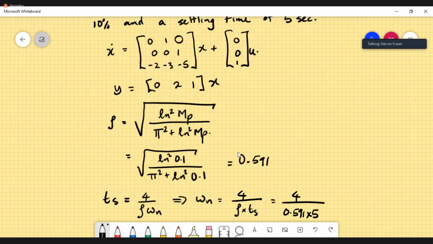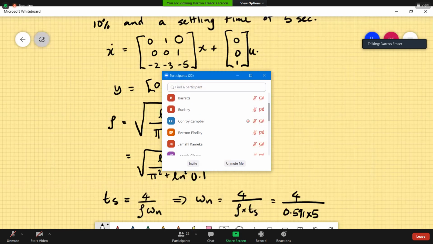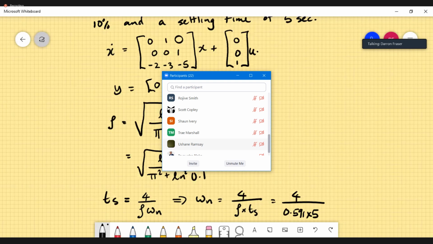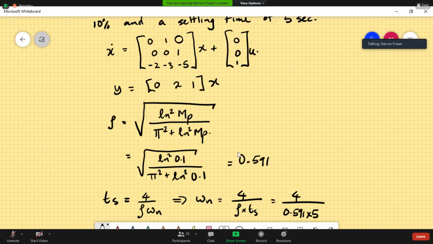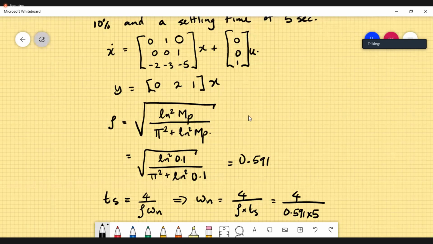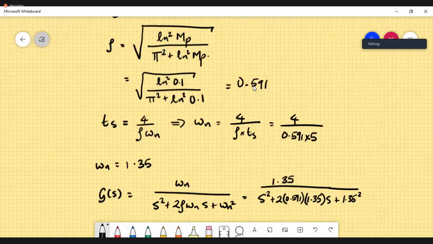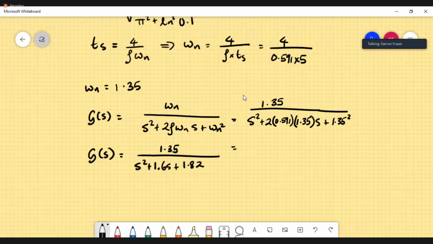Our equation is 0, 1, 0; 0, 0, 1; negative 2, negative 3, negative 5, and this is 0, 2, 1. So write down this equation for G(s), and then we go into MATLAB.